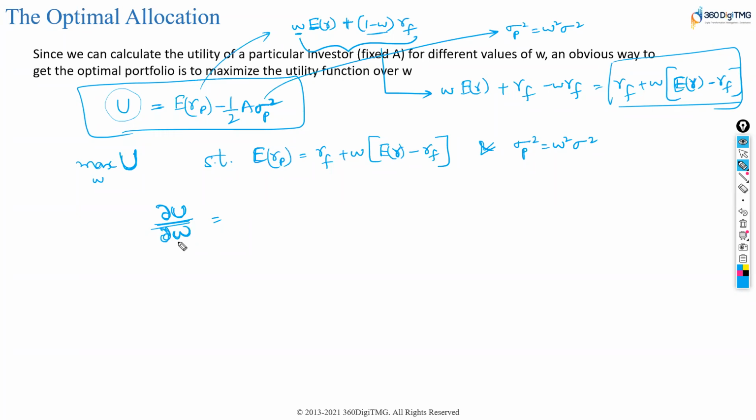This is what we are interested in. I'm going to change the weight and see by how much, each time I change weight, it is going to change the utility.